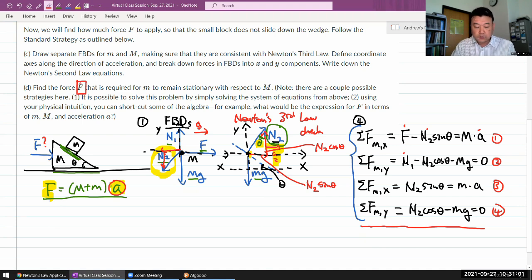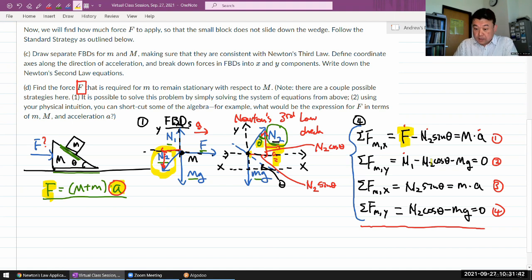That was our whole setup of the question. So this force, I'm looking for it, but it's the thing I want to solve at the very end. Because at each of the intermediate solution steps, I'm going to solve for an unknown, and use the solved expression to eliminate the unknown from all my other equations. So that's why I want to solve for force at the very end, not at the beginning or intermediate. It's kind of counterintuitive because the quantity you want is what you hold off solving until the very end.